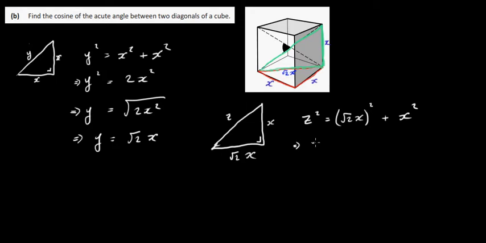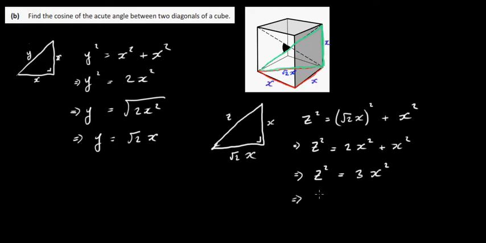So that will give me z squared is equal to, well, we've got to square both of these. So square root of 2 squared is just 2, x squared is x, and then we've got an x squared here. So that will give me z squared is equal to 3, sorry, this should be squared here, that will give me 3x squared here.